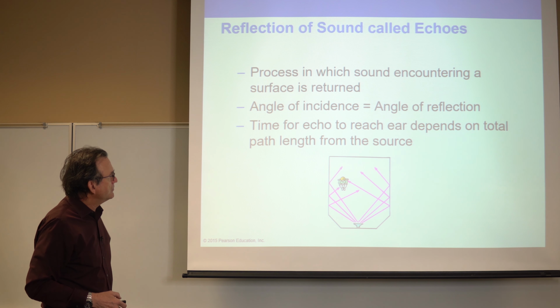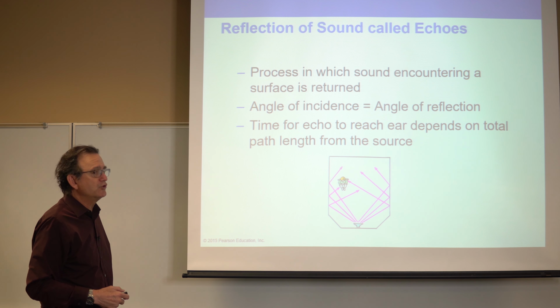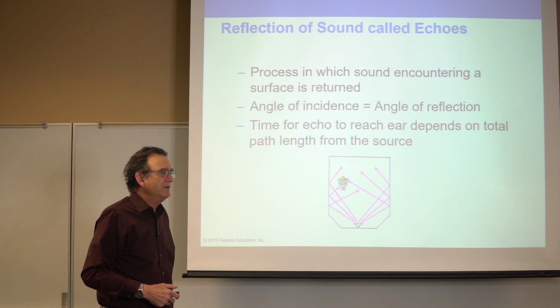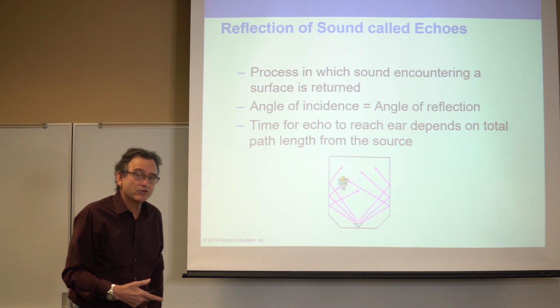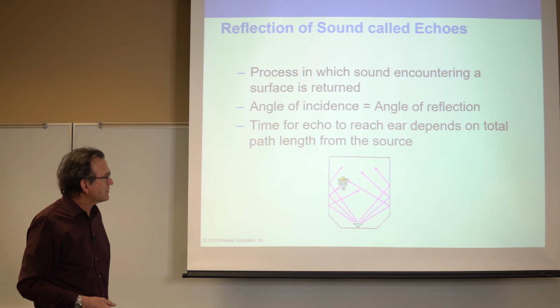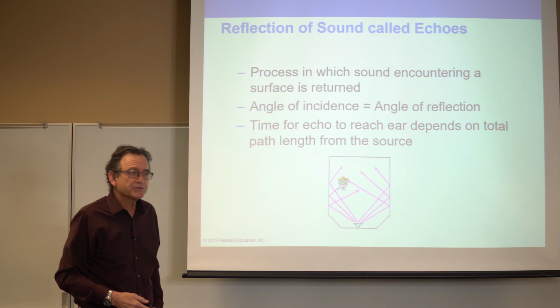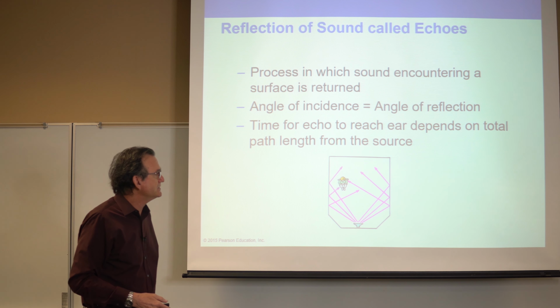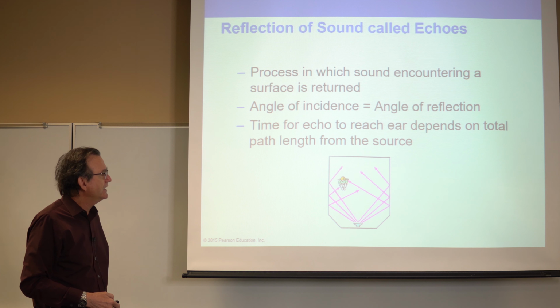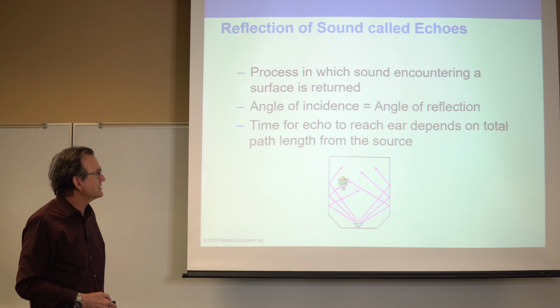But in any case, what you can see here is that for the person listening, what we now call the acoustics of the room can be either good acoustics or bad acoustics. So good acoustics are ones in which we minimize the echoes, that we basically attenuate the echoes so that they do not interfere with the sound that we're listening to.